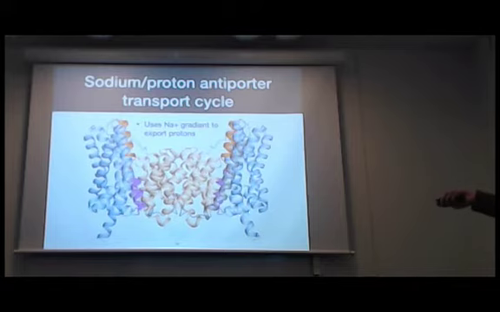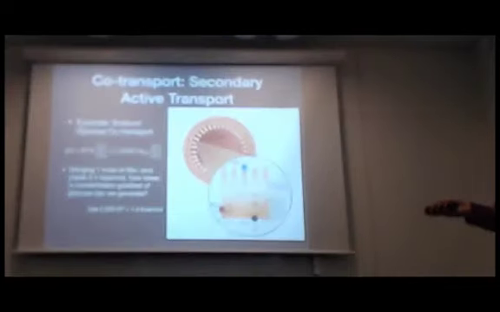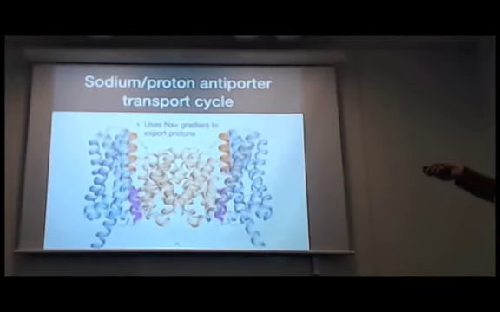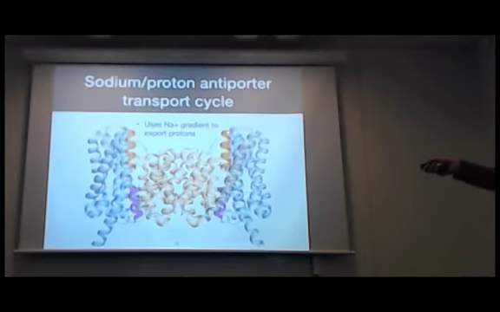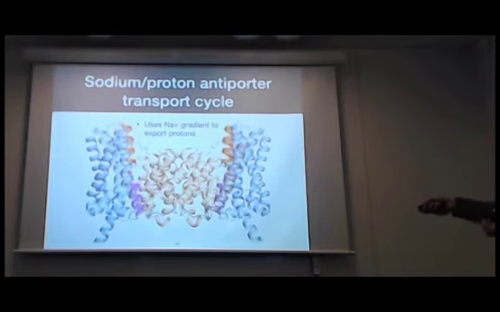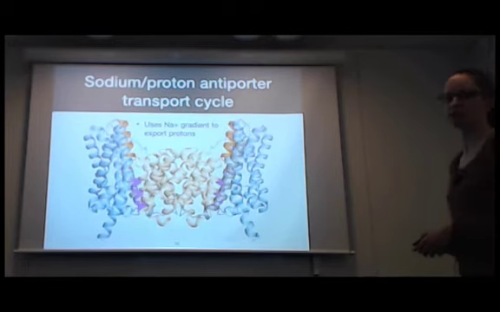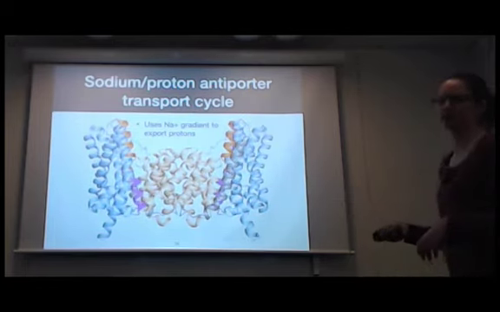You can see that these blue domains move relative to a quite static white domain. And protons will bind to these negatively charged residues when in this position, and then will be exported, and sodiums are being transported through the same route but inwards.